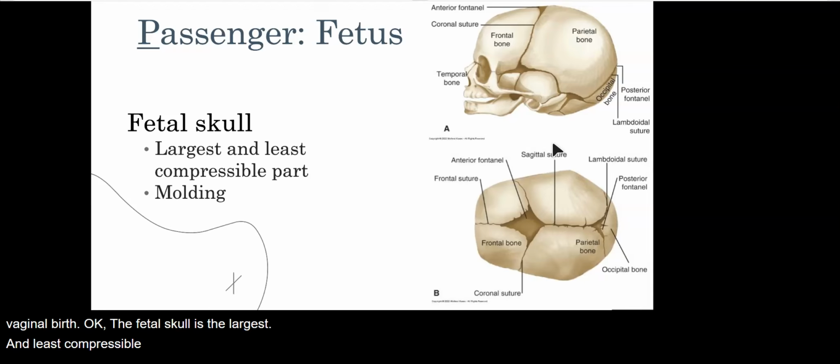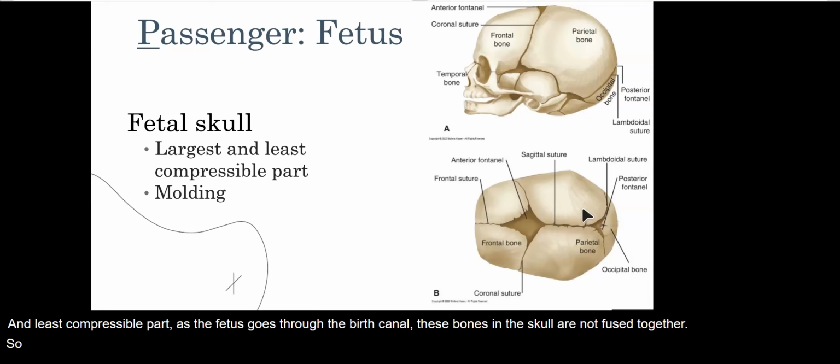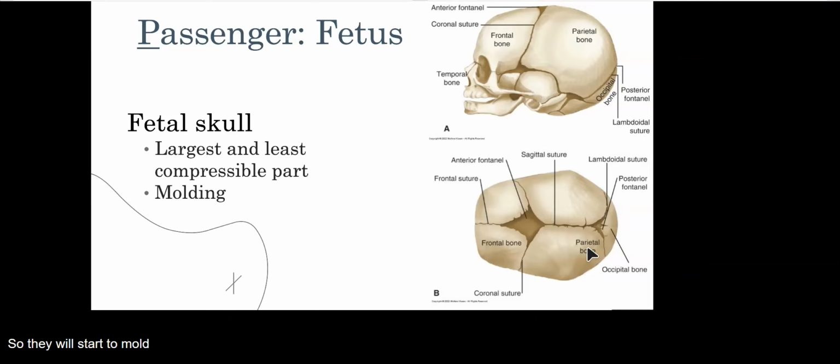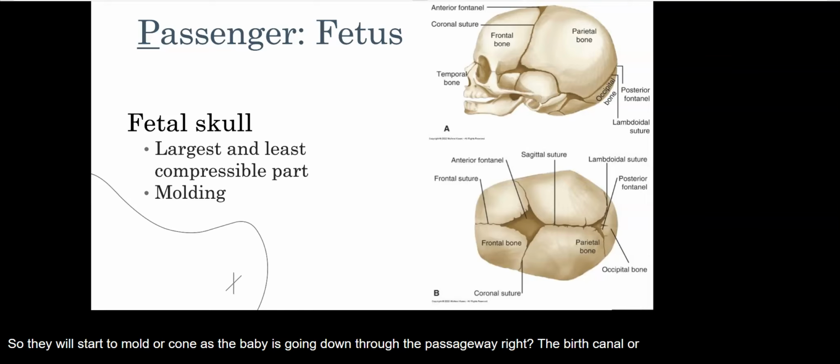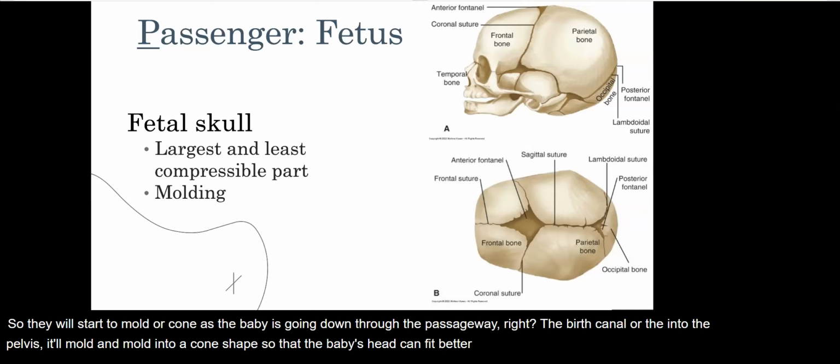As the fetus goes through the birth canal, these bones in the skull are not fused together. So they will start to mold or cone as the baby is going down through the passageway, right? The birth canal or the into the pelvis. It'll mold into a cone shape so that the baby's head can fit better through there.